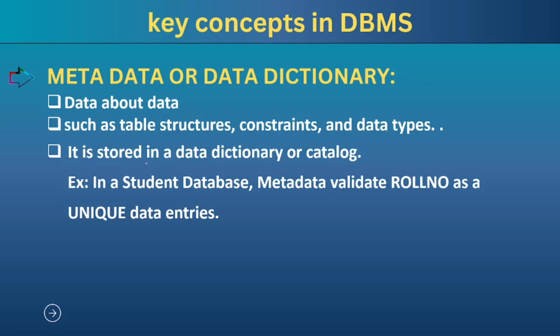And it is stored in the data dictionary or catalog. In a student database, metadata validates roll number as a unique data entry. So with the help of metadata only, the database software will validate.